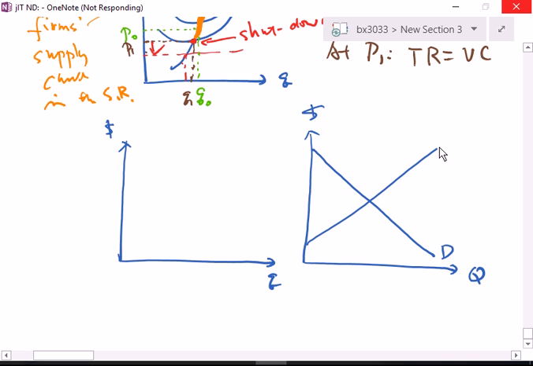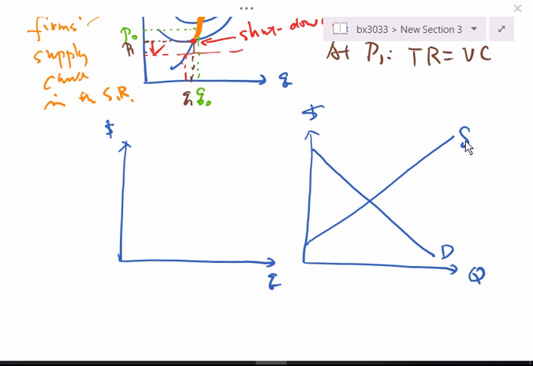There's a supply curve, upward sloping. You should know that this supply curve is the sum of each individual firm's supply curve.